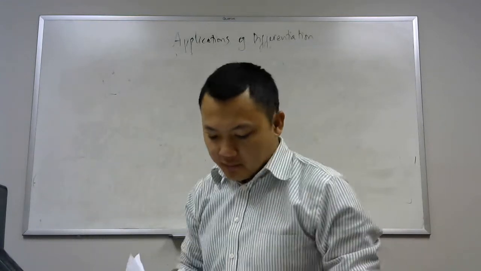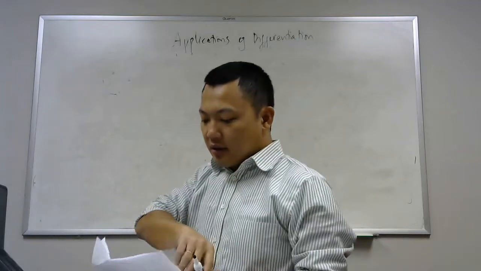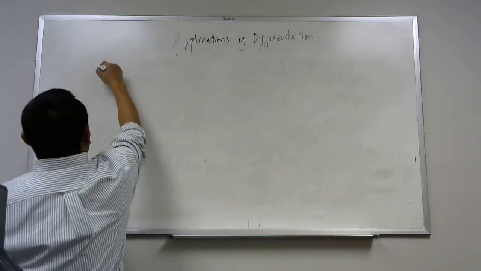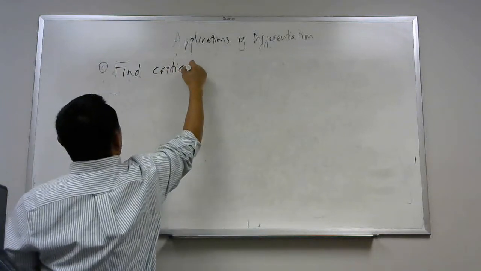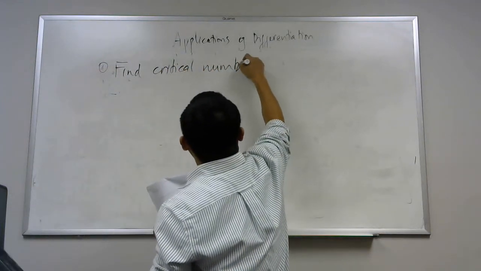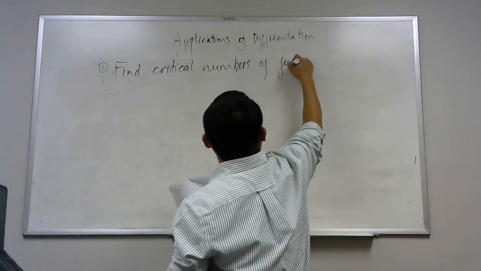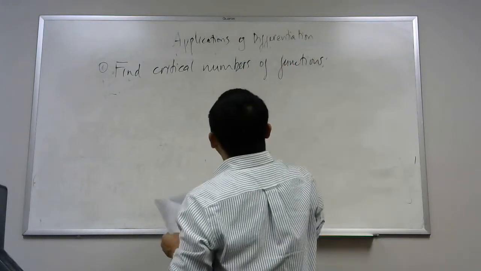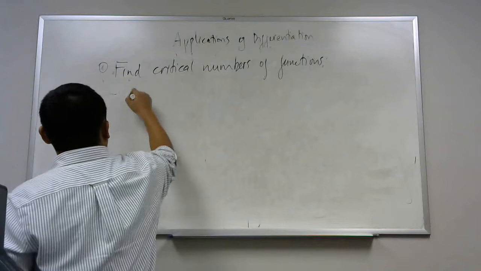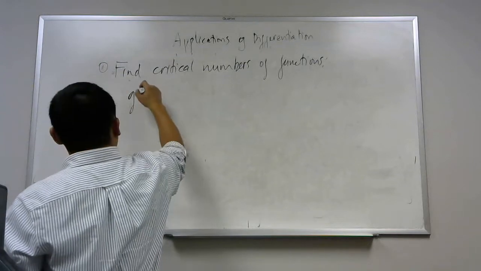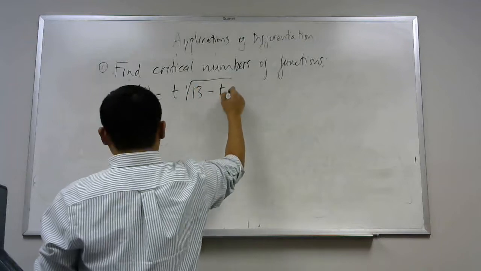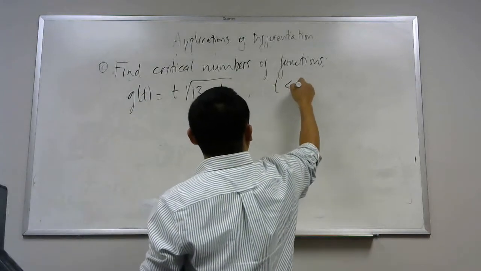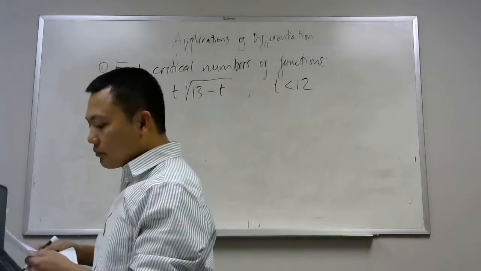So the first problem: find the critical numbers of the function. Our function looks like g(t) equal to t times the square root of 13 minus t, for t less than 13.